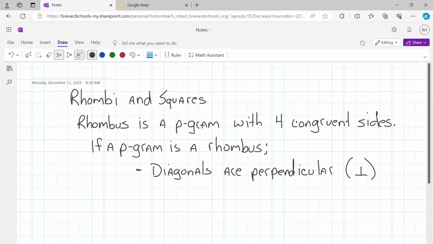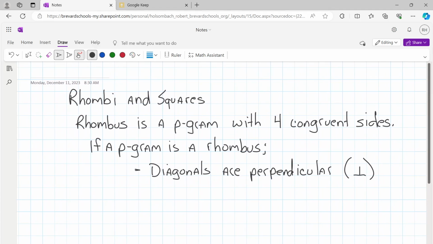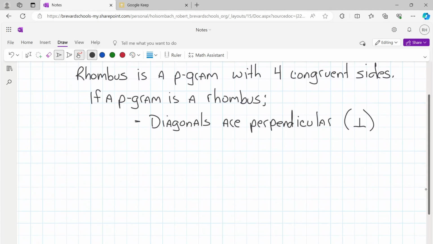So the diagonals of a rhombus intersect at 90 degrees. Diagonals bisect opposite angles.